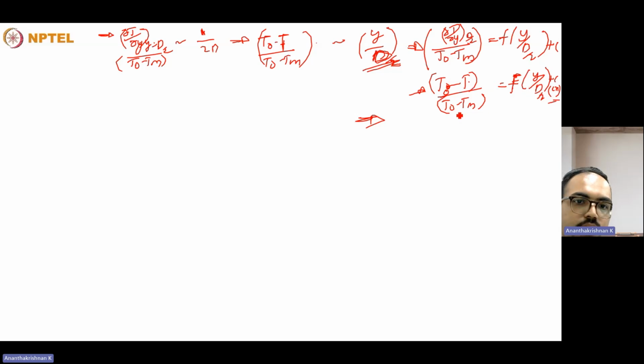Since the dimensionless profile doesn't change with respect to x, we can write it at some particular point, c of x, the constant term, will only depend on that particular constant, into y by d by 2. So we try to simplify that. This is equal to (T0 minus T) divided by (T0 minus Tm), which can be written as only a function of y by d by 2. So this constant term c will become equal to 0.